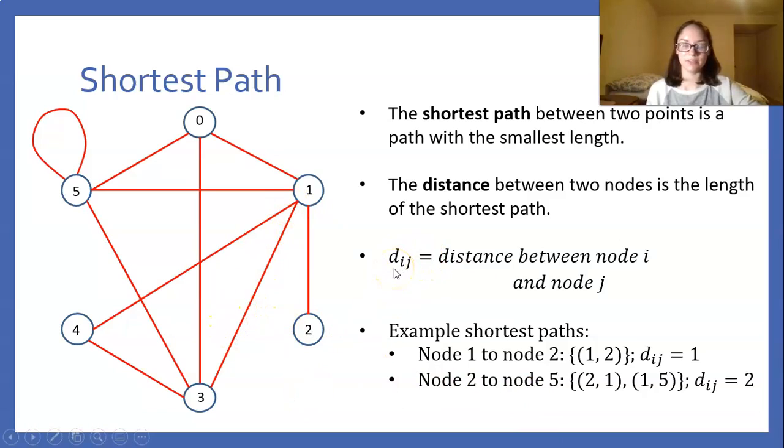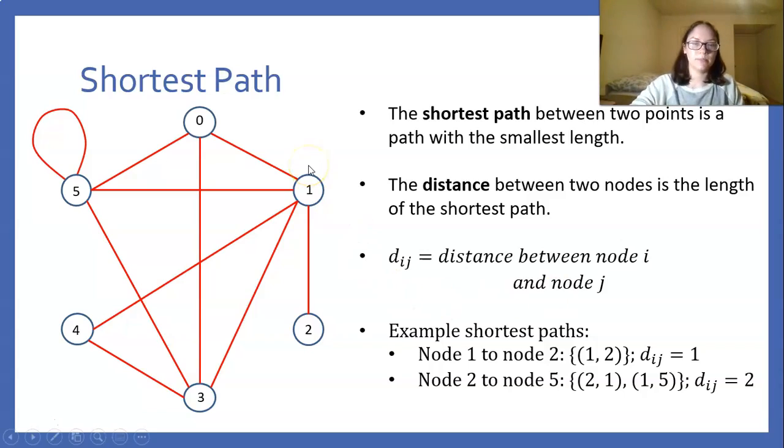So the notation here is d_ij is equal to the distance between node i and node j. And nodes don't have to have one singular shortest path.